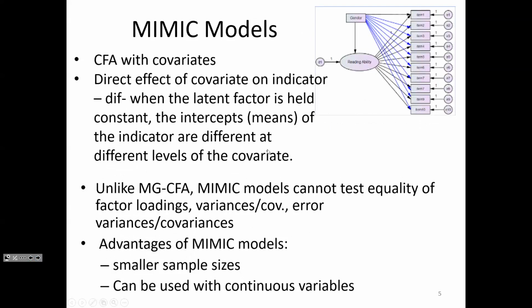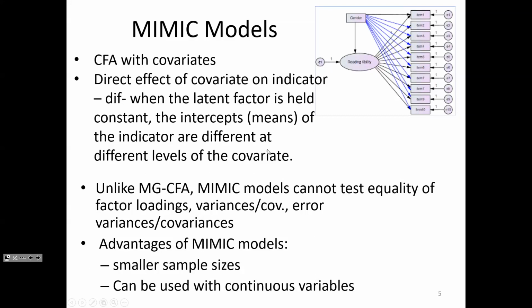Okay, so here's what a MIMIC model looks like. In the corner there, you can see that gender is, let's say, our grouping variable, and we're looking at reading ability, that's our latent variable. So we just have one latent variable here. Remember before we were fitting this multiple groups model, where we were simultaneously fitting the same model across two groups.